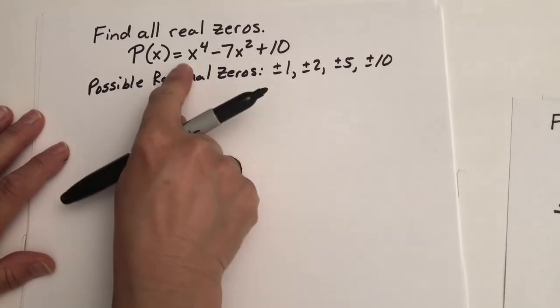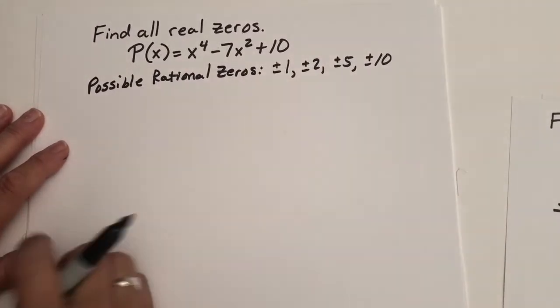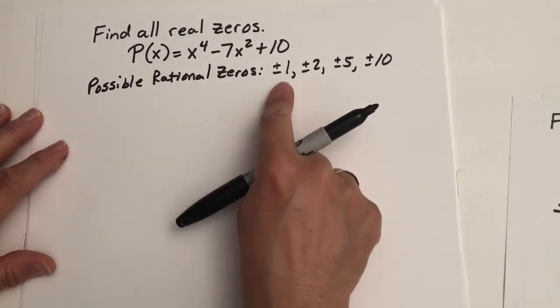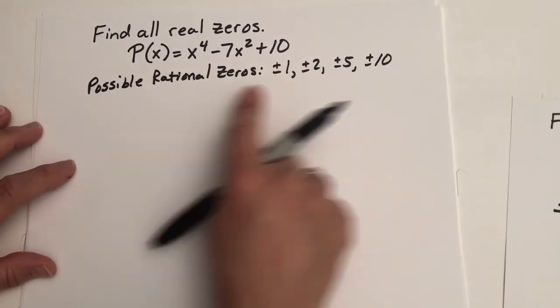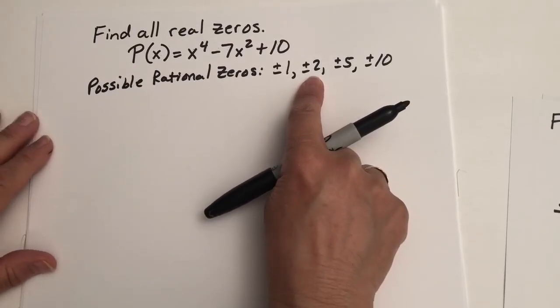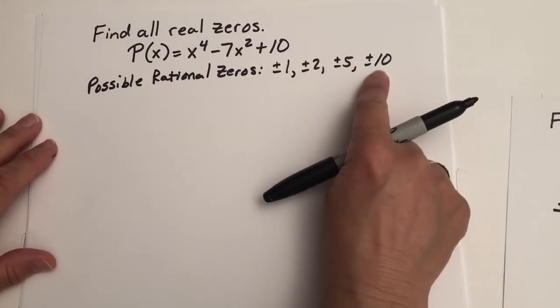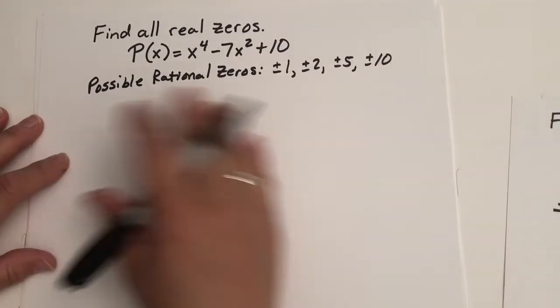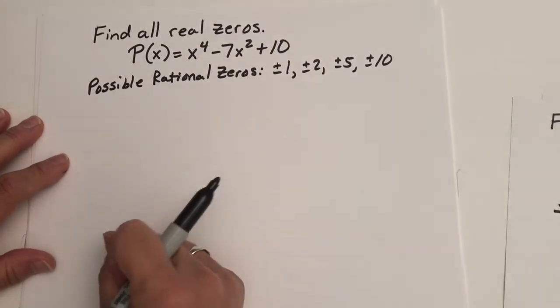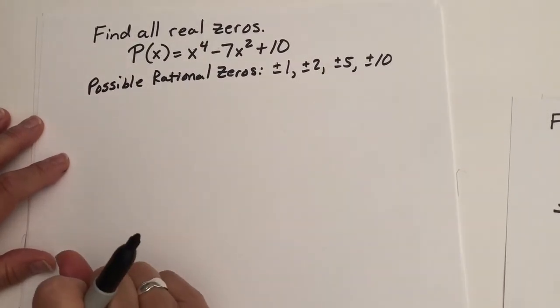Factors of 10 over 1. And what I see happen frequently is people roll through all of those, plus or minus 1, they try them, don't work. Nor do 2 and negative 2, and 5 and negative 5 don't work, and 10 and negative 10 don't work. And so then what people do is try them again. Well, if they don't work the first time, they're not going to work the second time either.